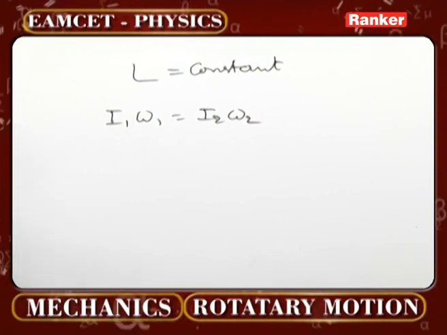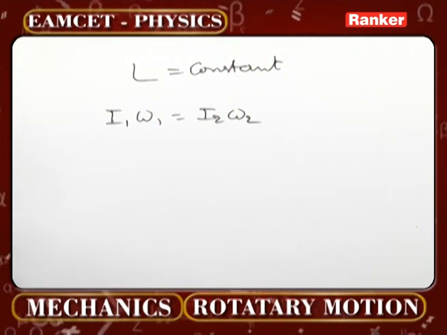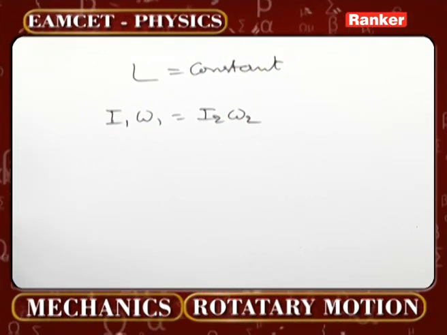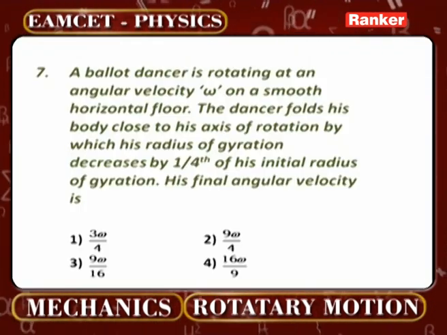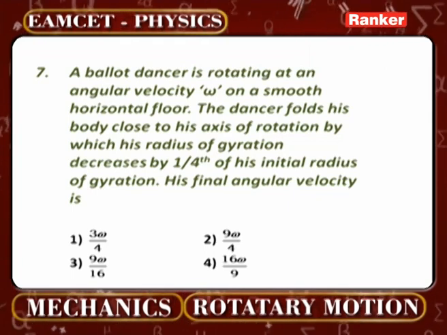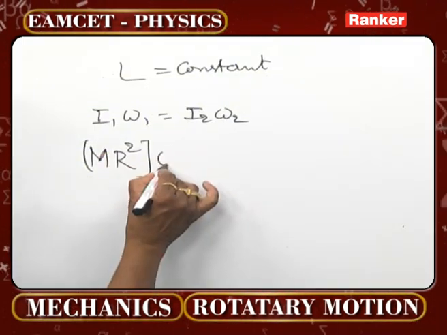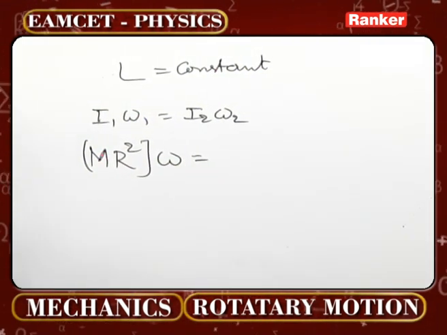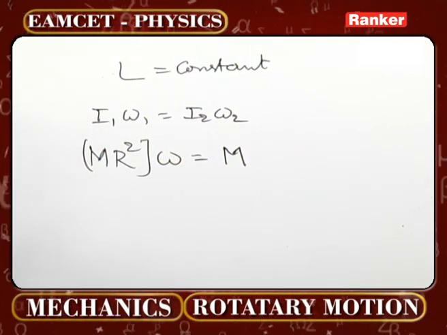Now omega is angular velocity he is talking about, and smooth horizontal floor. Dancer folds his body close to his axis of rotation, by which his radius of gyration decreases by 1/4 of his initial value. So in fact we can write m r square into omega 1, that omega 1 is given as omega there. Now m is common. What is radius of gyration?